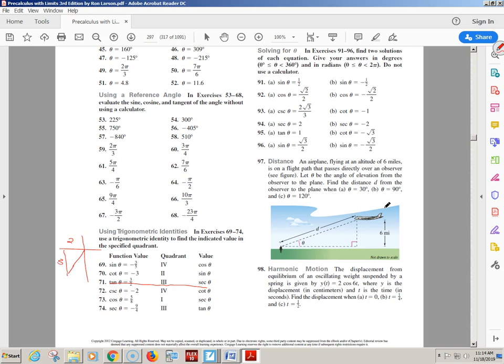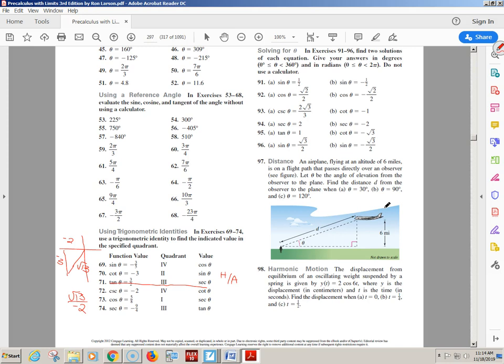Pythagorean theorem: 9 plus 4 is 13. And then in the third quadrant, we have to remember that the x is negative and the y is negative. So we're filling in some stuff from chapter 1. Then all we have to do is think of secant, CAH, hypotenuse over adjacent, which would be root 13 all over 2, and you can pull the negative in front of the whole thing.